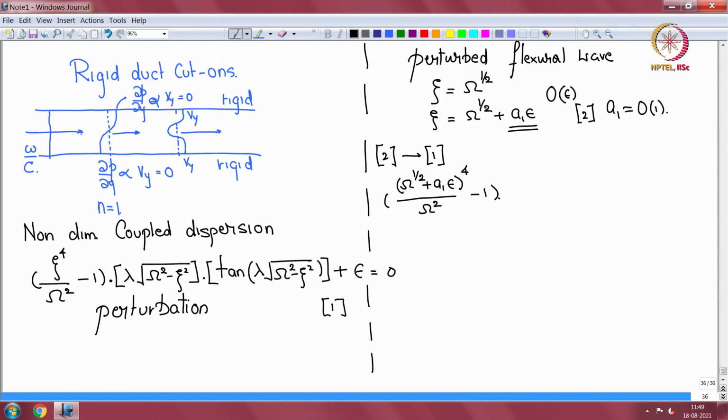So what to do with this? I will do a square first. I will get omega plus twice A1 epsilon omega to the power half plus A1 square epsilon square. This is the square of this quantity. Next, I need a further square, divided by omega square minus 1.